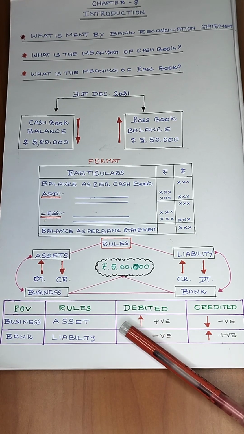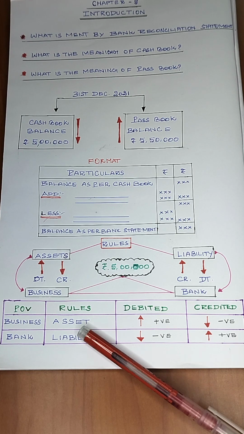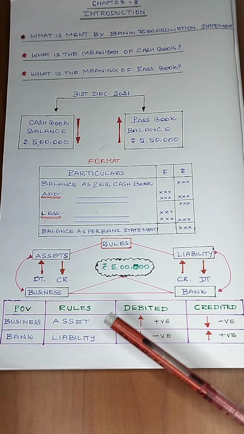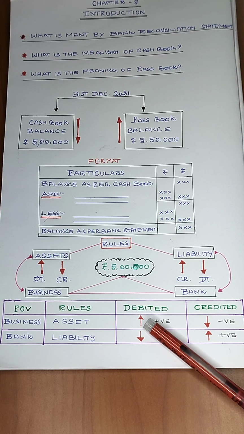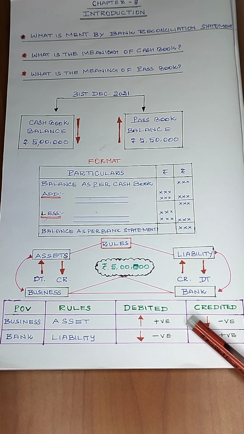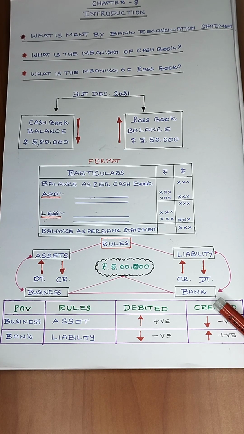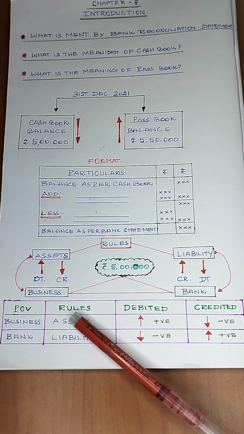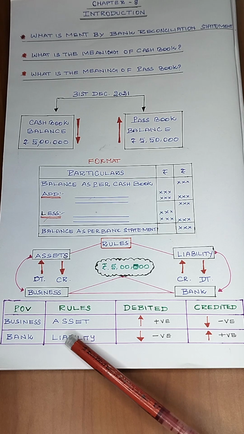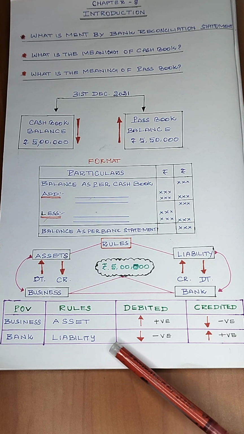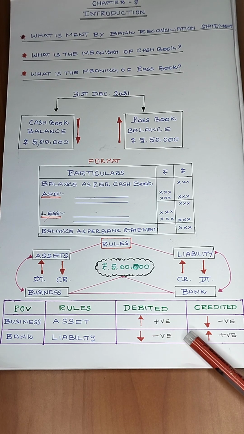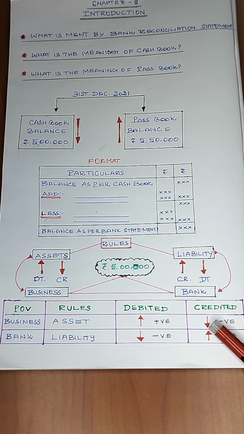From the business point of view, whenever an asset, which means the bank account, increases, we debit, and whenever the bank account or asset value decreases, we credit. On the other side, from the bank point of view, as per the rule of liability, whenever liability decreases, we debit, and whenever liability increases, we credit it.